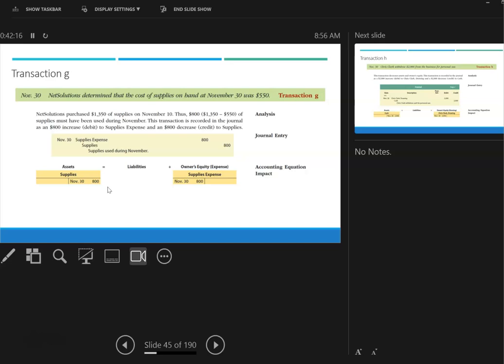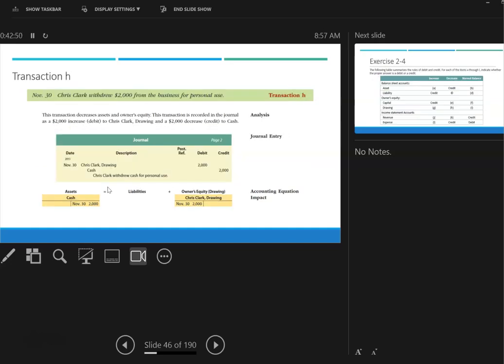So what happened here is we had purchased supplies previously, but we looked at the end of the period and saw we don't have the supplies we used to have. We've used up $800 of supplies. So we want to show an increase in the supplies expense account and a decrease in our asset, supplies. So our asset is credited, our supplies expense is debited, but do we still balance? We still balance.